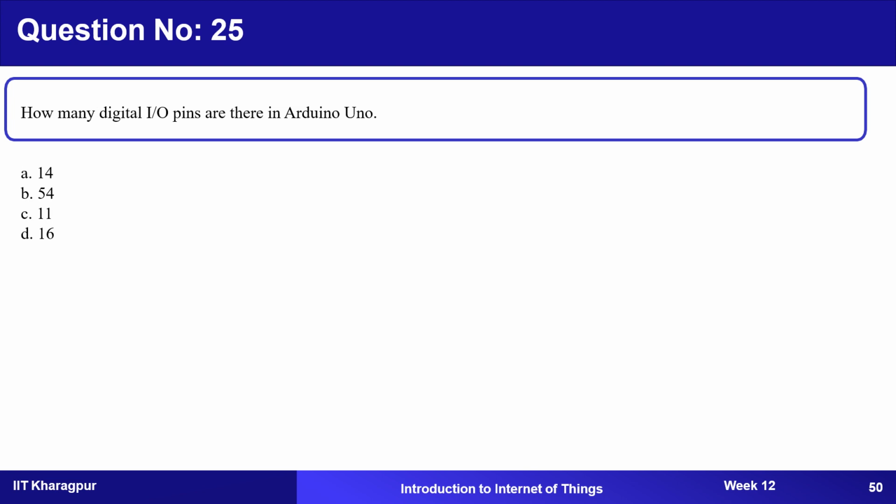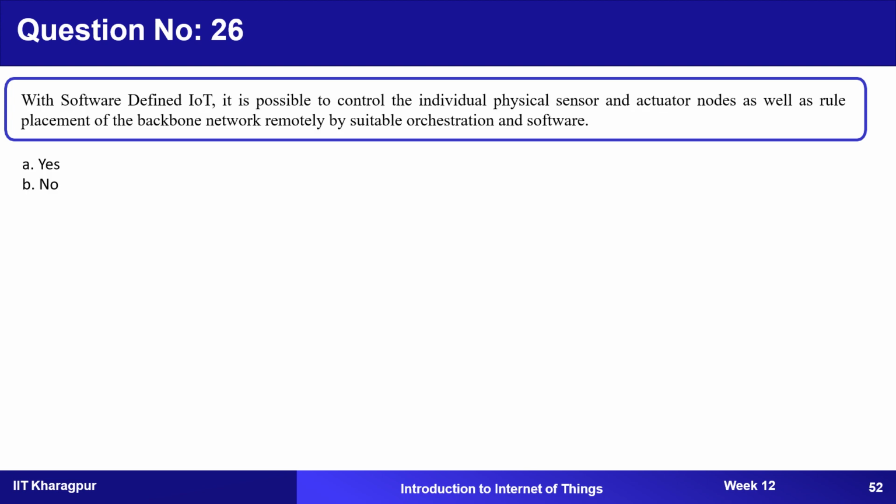Next question is, how many digital input output pins are there in Arduino Uno? Options are 14, 54, 11, 16. Yeah, so 14 is the correct option. Next question is, with software defined IoT, it is possible to control the individual physical sensor and actuator nodes as well as rule placement of the backbone network remotely by suitable orchestration and software.